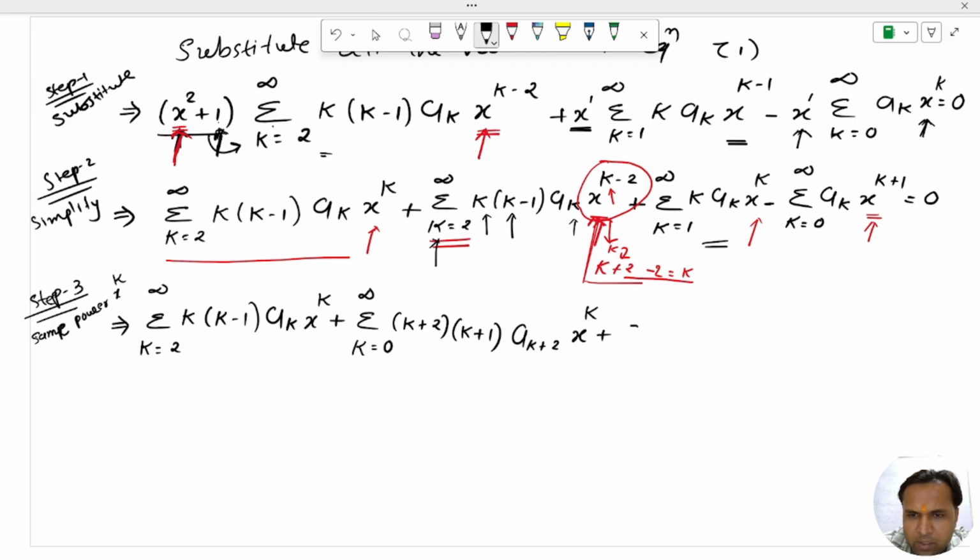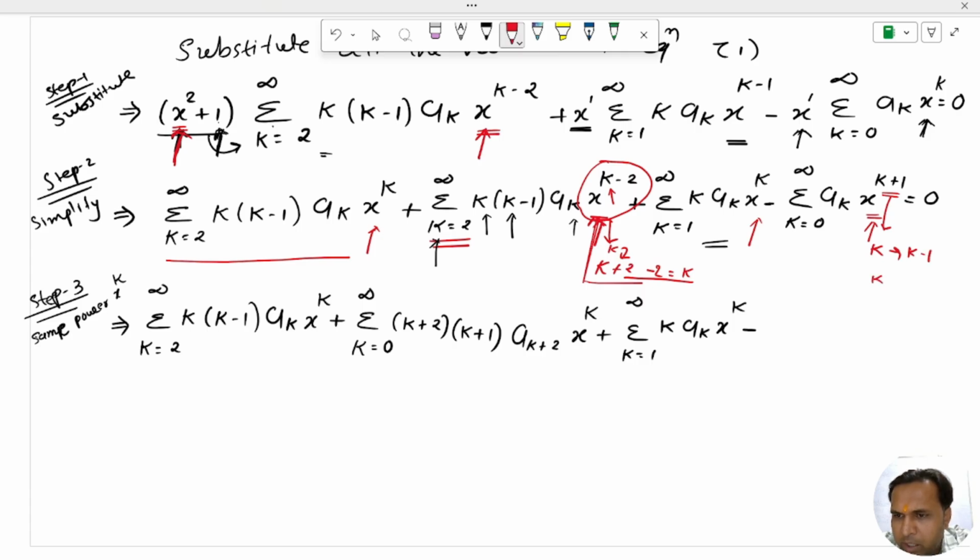So it becomes summation k equal to 1 to infinity, k a_k, x raised to k. Done. And minus, here we can see we have been given k plus 1, so in place of k, you have to take k minus 1.